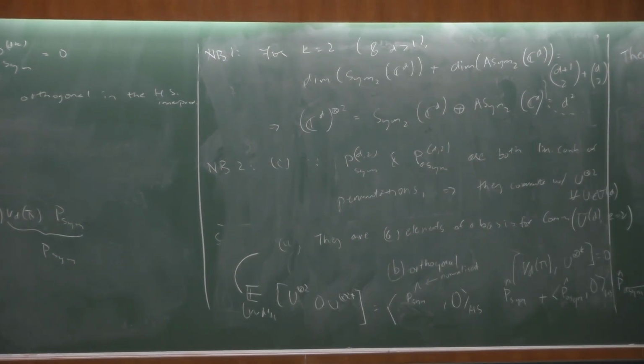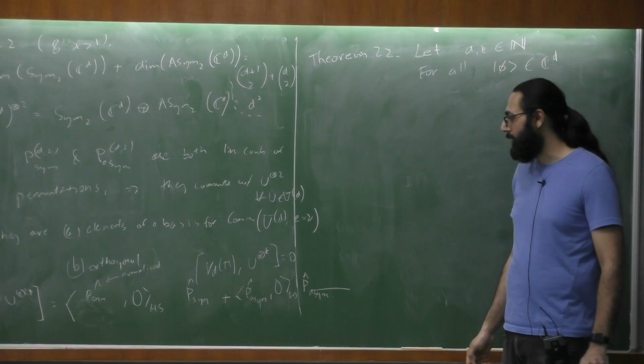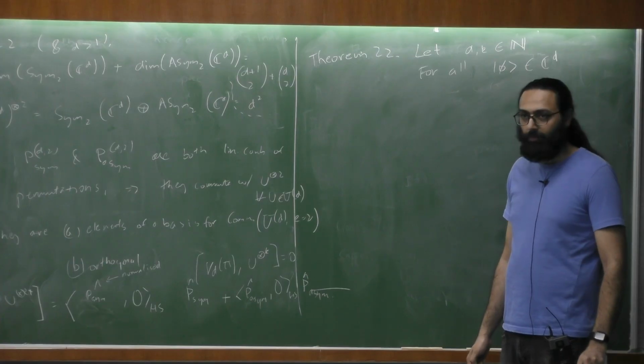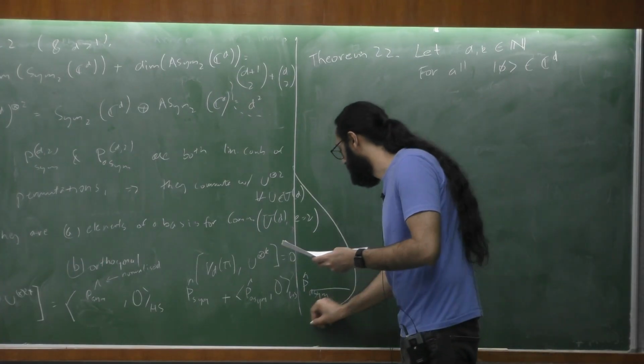So that's why all the machinery was introduced: if you need to compute something with two systems in higher dimensions, you can use the symmetric and antisymmetric projectors to compute the coefficients. So that ties all these results together.